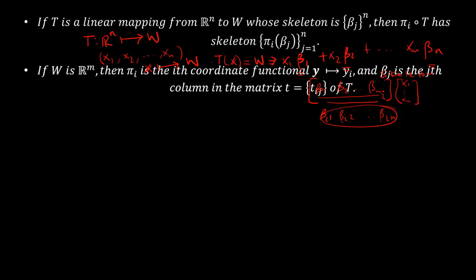So we have this matrix that we'd envisioned. So we have beta 1 all the way up to beta n, and this beta goes up to m terms, right?